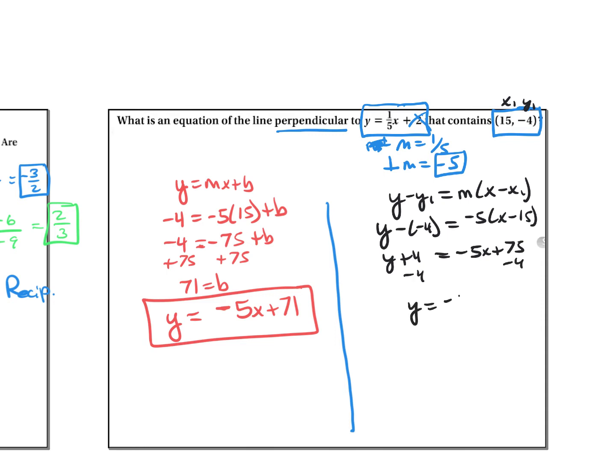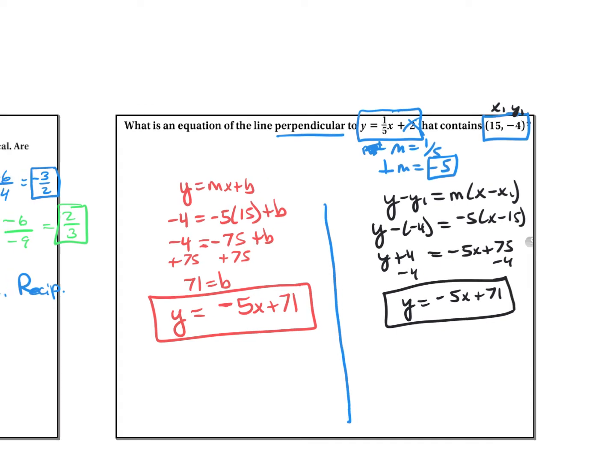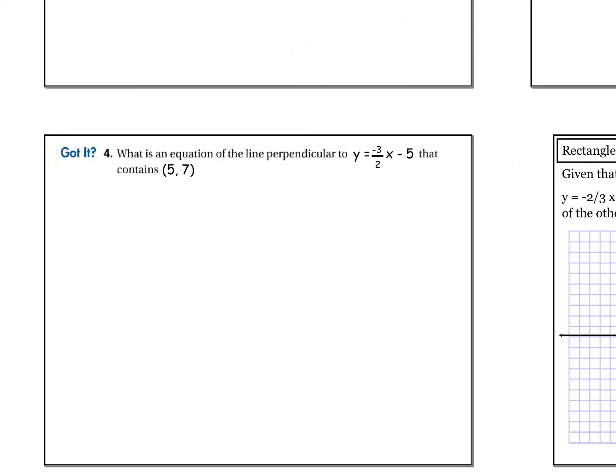So we get y equals -5x plus 71. It's exactly what we got doing the other method. It's just usually in Algebra 1 and in Algebra 2, you will see the method y equals mx plus b. Pre-calc, you're going to be seeing that point slope form quite a bit. Any questions on this?